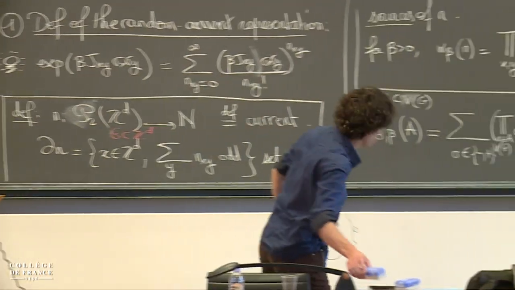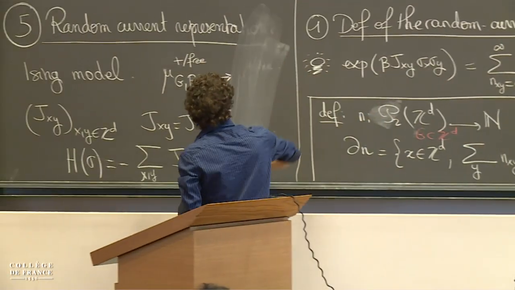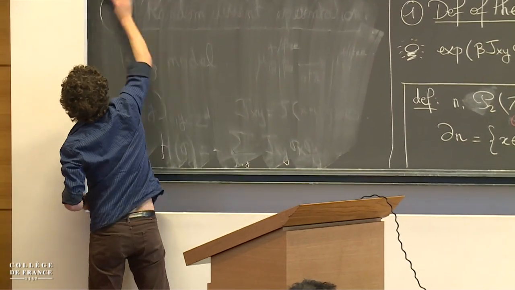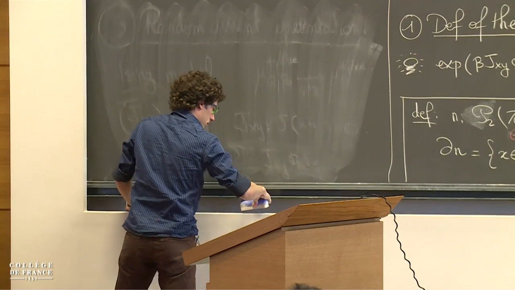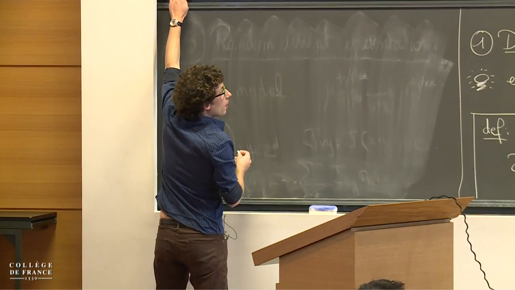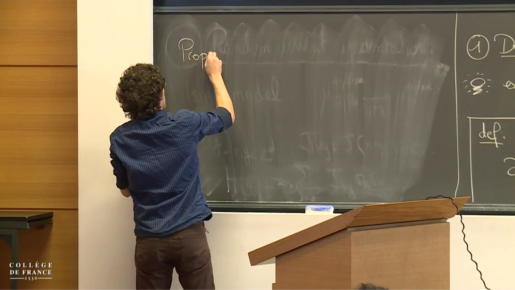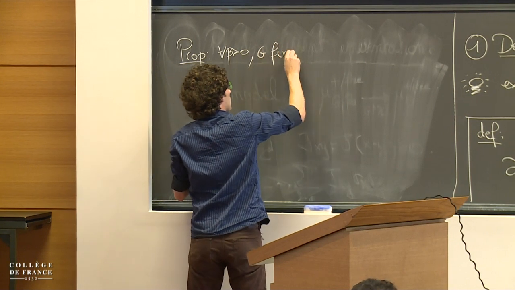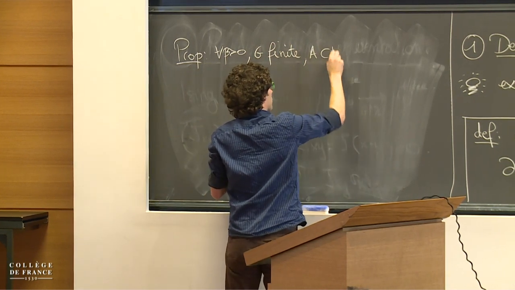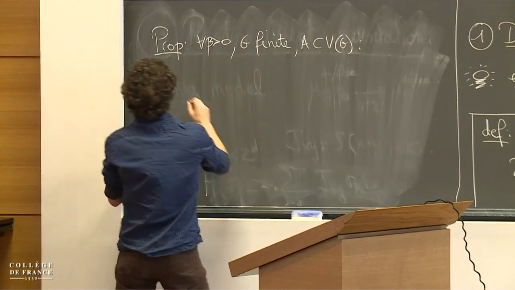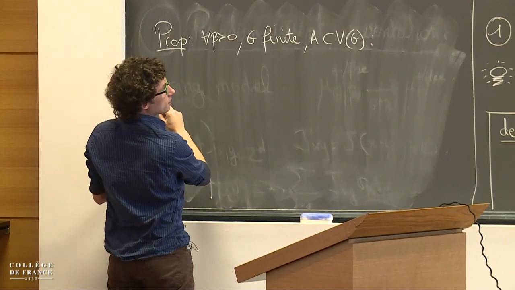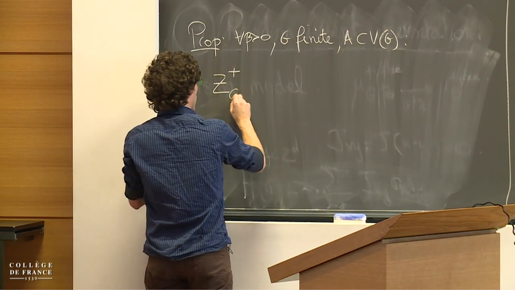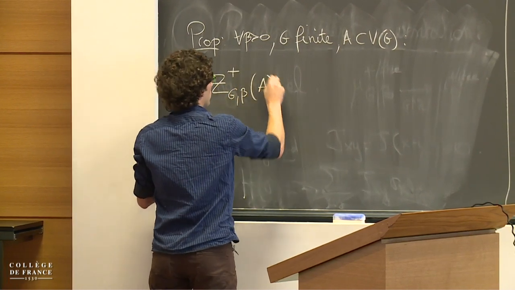And what I get is that when I look at plus boundary conditions, property, if I take beta positive, G finite, and A a subset of V of G, I'm going to get that Z plus this time of G, beta, of A. So you guess how you define this.